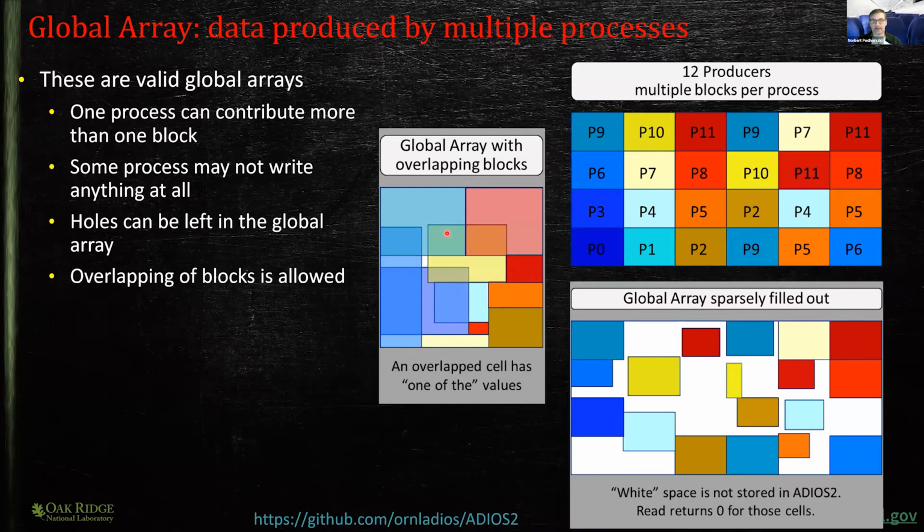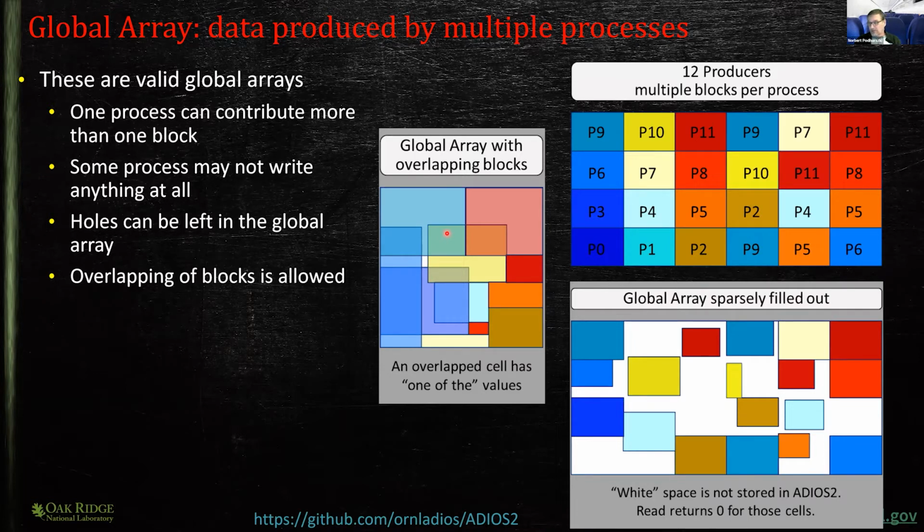So you can create a global space and then write overlapping blocks in there. The processes don't align with each other, but everyone writes something there. And then you can read this global array with the overlapping values. You get one of them; it's like overwriting, and you don't know who is overwriting what.